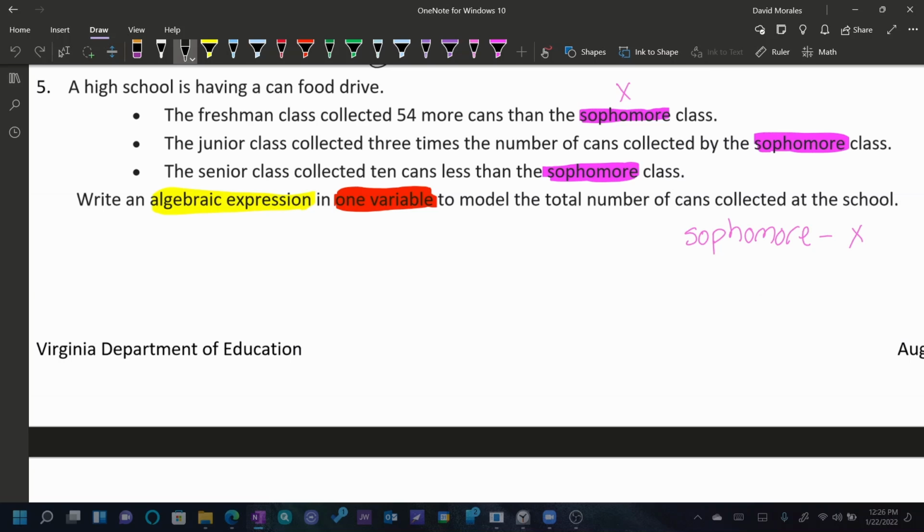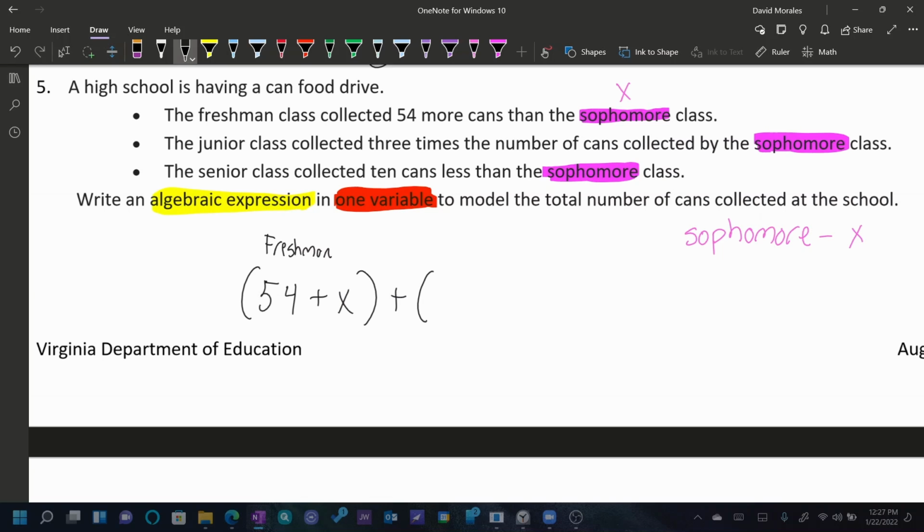So let's write it. 54 from our freshman class, plus X is our freshman. Okay, you see that? And then we're going to add our junior class.